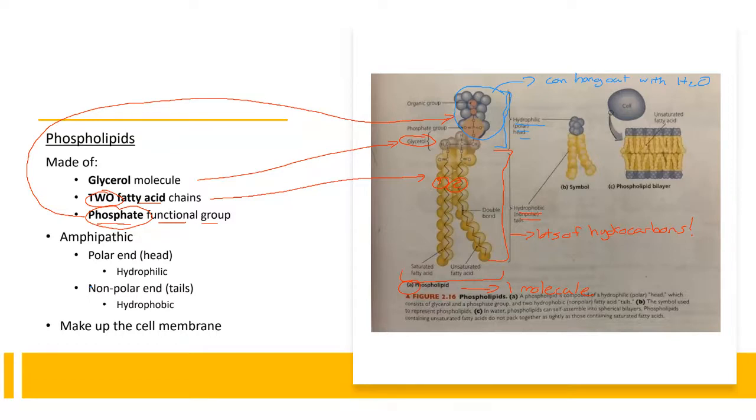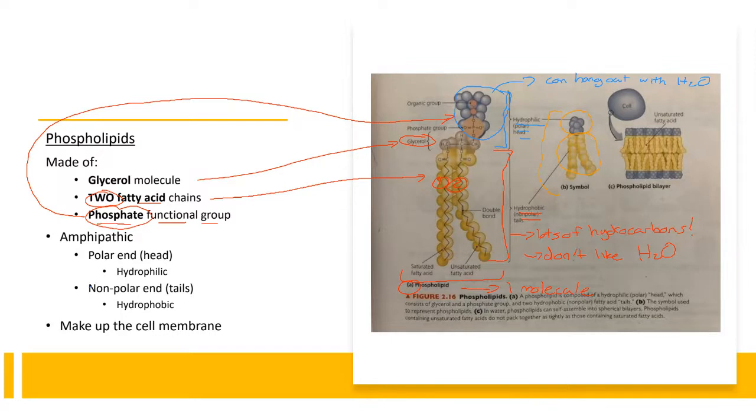This part of the molecule doesn't like H2O. So what do we have now? Again, we have an amphipathic molecule that has, look over here, a polar end and a nonpolar end.